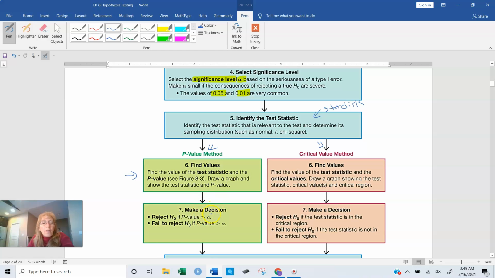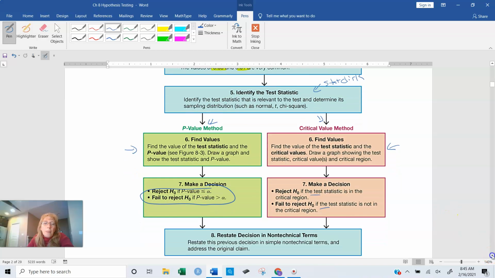We reject the null if the p-value is less, and we fail to reject if the p-value is greater. On the test statistic, first you find that, that's also from StatDisk. Reject the null if it is in the critical region, and we fail to reject if it's not in the critical region, which is drawn by a drawing. We'll show you that later.